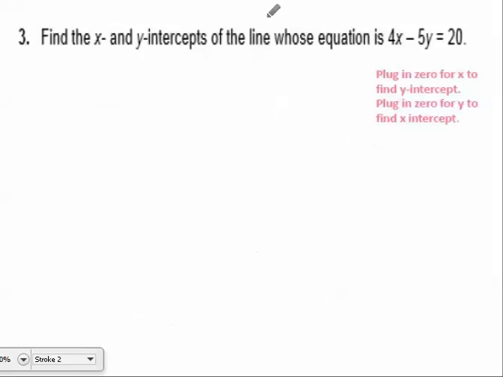Okay, number 3. Find the x and the y intercepts. To find the x intercepts, you stick a 0 in for y. So 4x is equal to 20, x is equal to 5. To find the y-intercepts, you stick a 0 in for x. Minus 5y equals 20, and y is equal to negative 4.